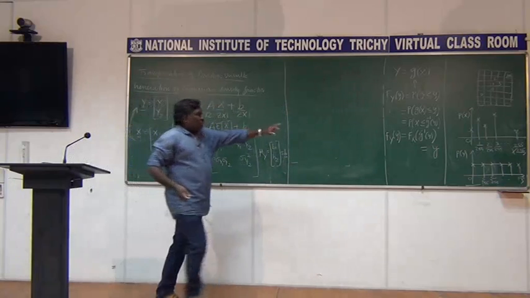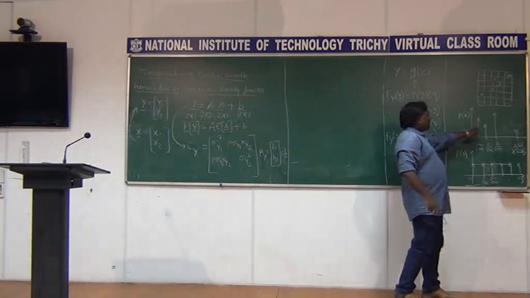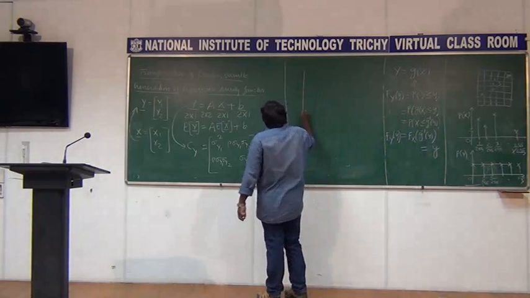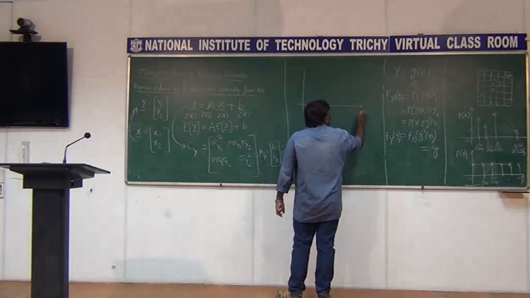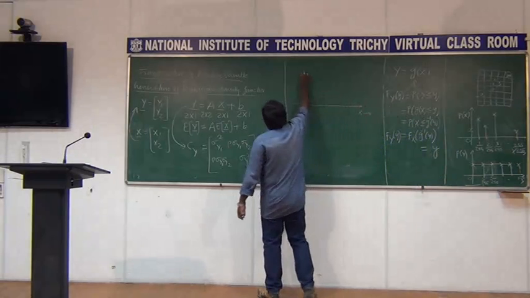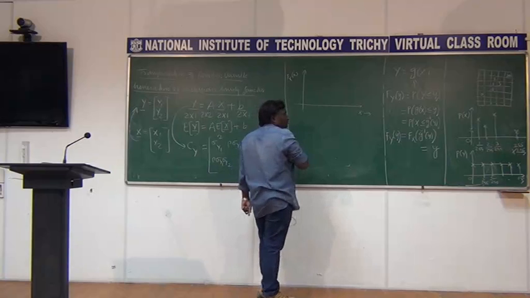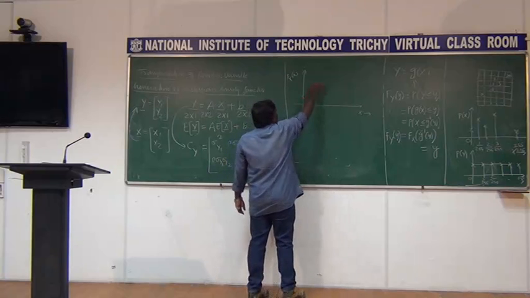You got these values, right? And then you have to go for what? The cumulative distribution function, Fx of x, right?